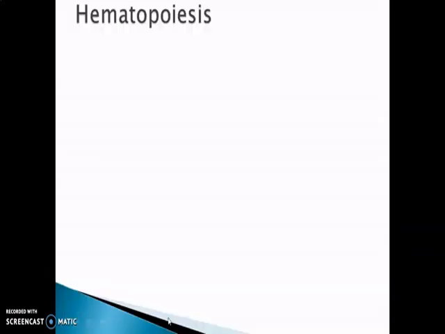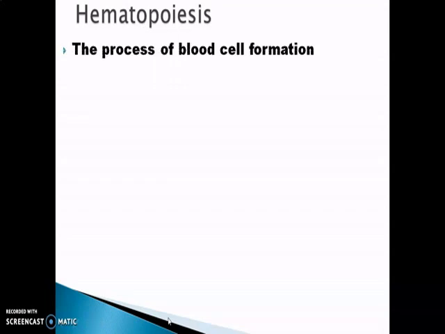So the total process of blood cell formation is known as hematopoiesis. So there are three different kinds of cells: RBCs, WBCs and platelets, and their specific lineages. Formation of RBCs is called erythropoiesis.